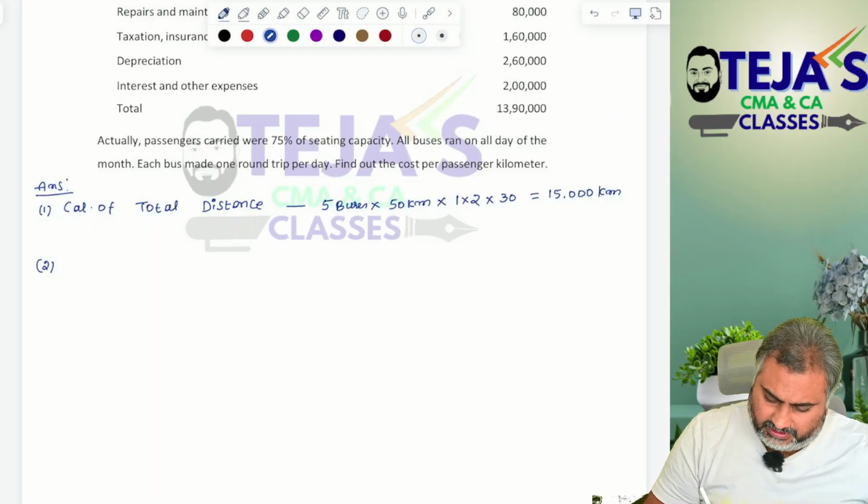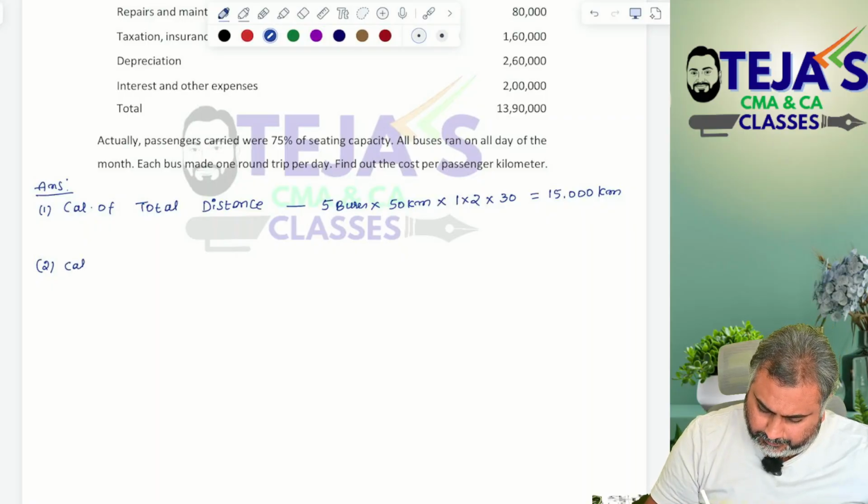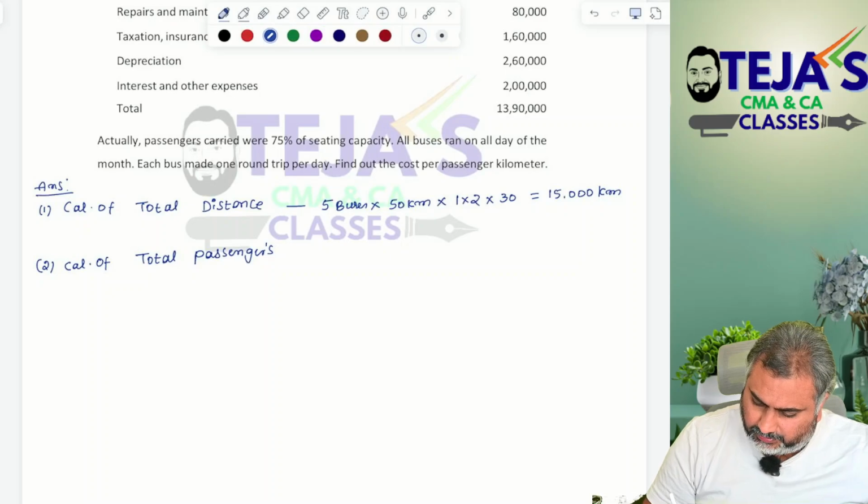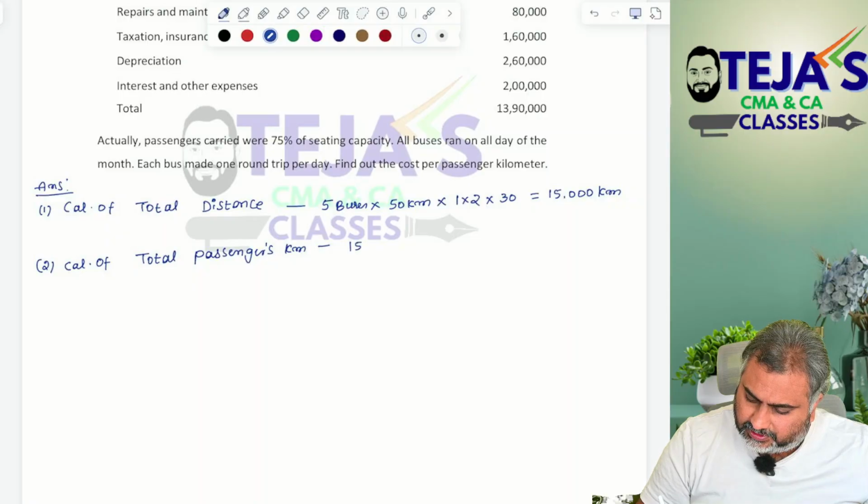Now, calculation of total passenger kilometers: total distance traveled multiplied by the number of passengers.